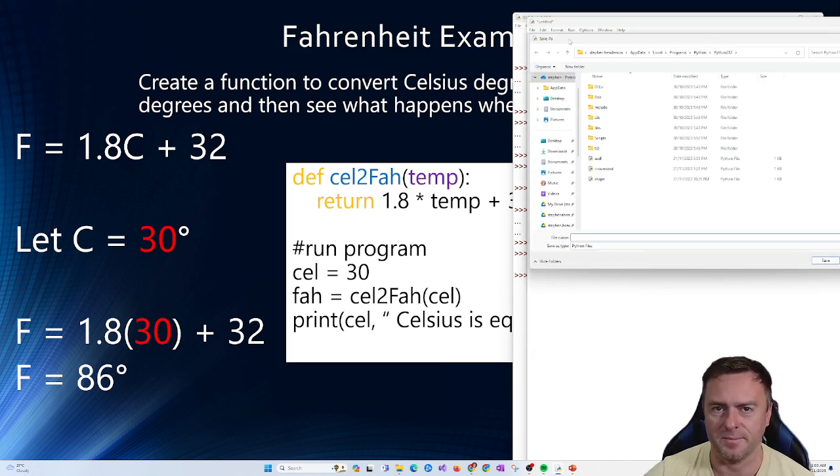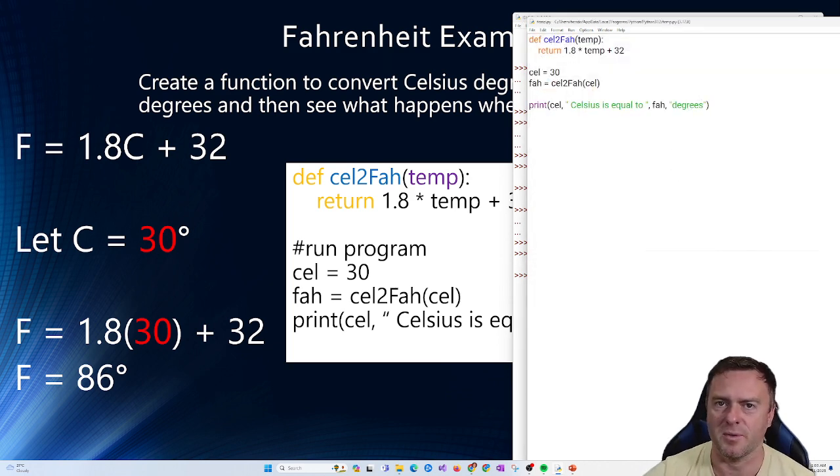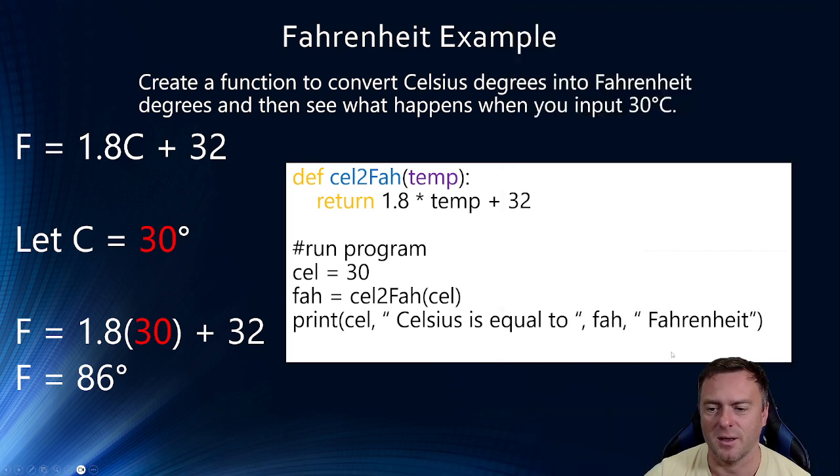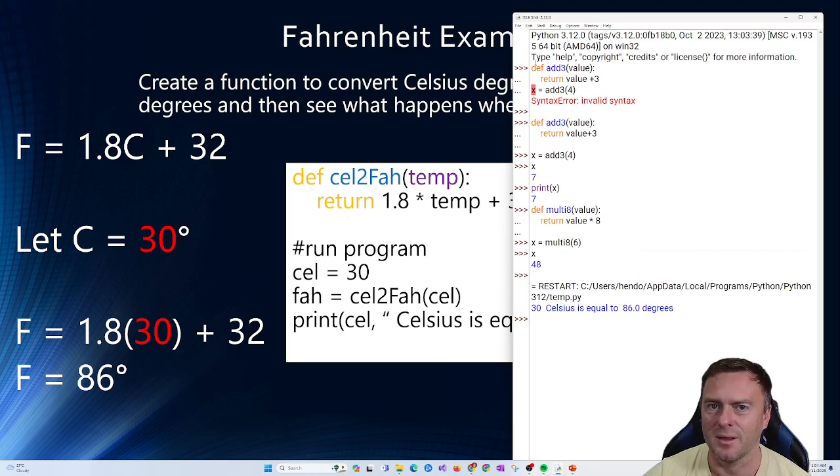If we save that as temp, and then run it, we get 30 degrees Celsius is equal to 86 degrees. So I should say Fahrenheit at the end there. Let's just change that around.